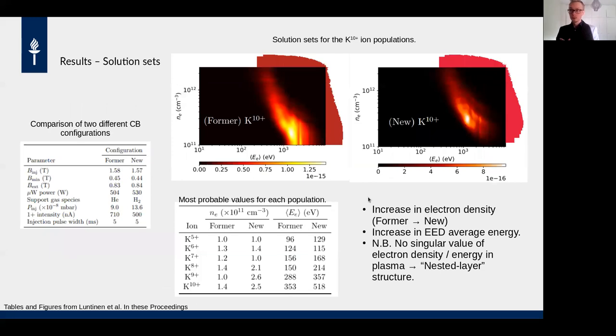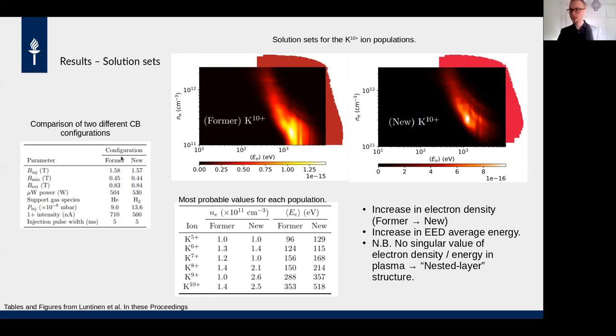And then, as per the results, we've applied this method to two different configurations of the Phoenix type charge breeder ECRIS at LPSC. The configurations are different all the way down to the support gas species: helium in the former 2020 configuration and hydrogen in the new 2021 configuration.